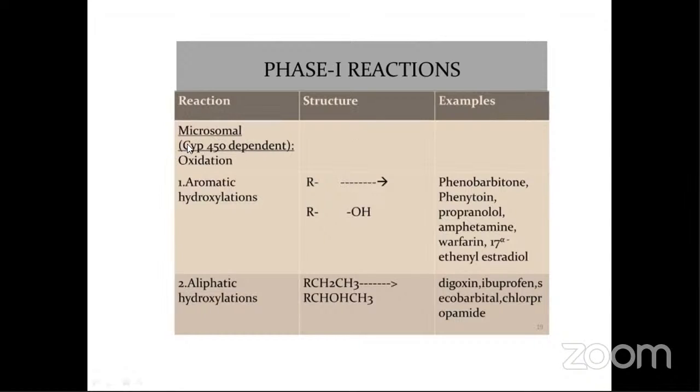Suppose under microsomal cytochrome P450 oxidation, there is aromatic hydroxylation. So R will be converted to ROH. These are the drugs which undergo hydroxylation: phenobarbital, phenytoin, propranolol, amphetamine, warfarin, and another is 17-alpha ethinyl estradiol.